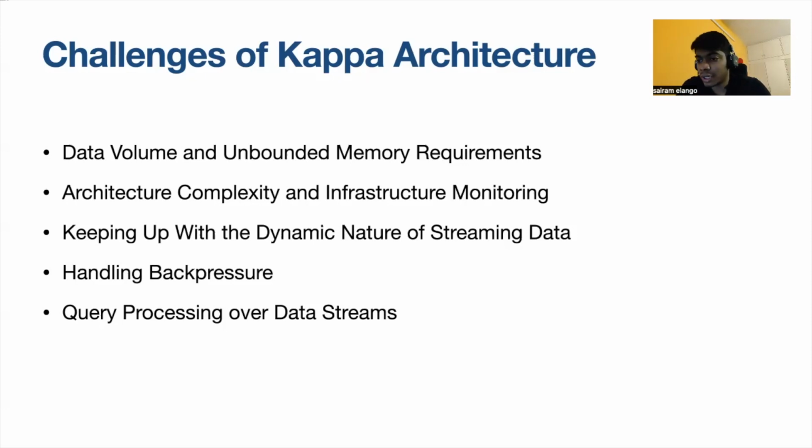The next one is architecture complexity and infrastructure monitoring. Since your real-time system should be auto-scalable to meet demands, you have to have proper infrastructure management policies and proper infrastructure monitoring, so that your system remains available most of the time, and you will be able to identify faults and predict them even before they arise. And the next one is keeping up with the dynamic nature of streaming data.